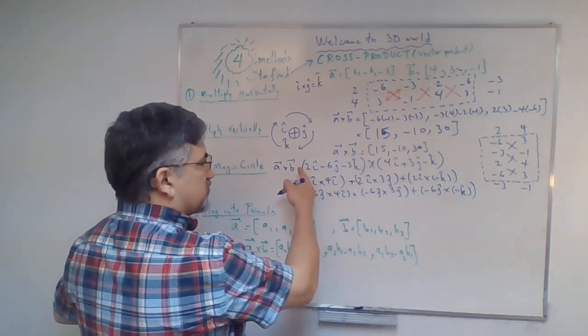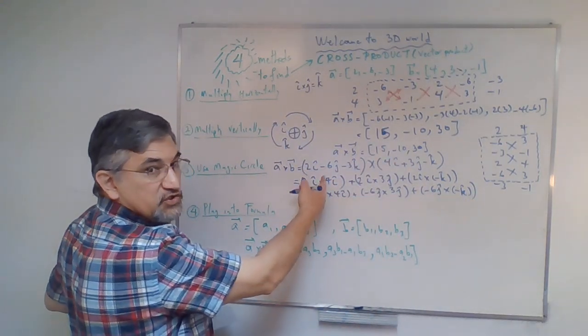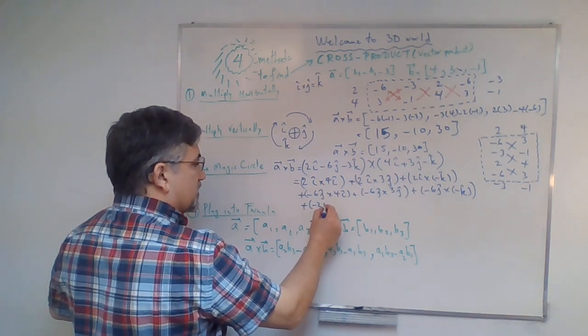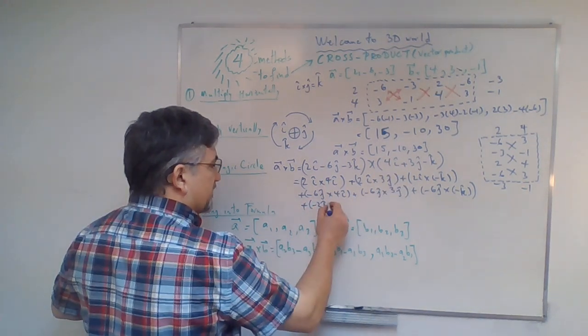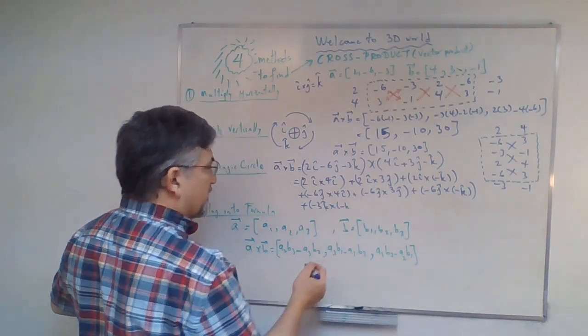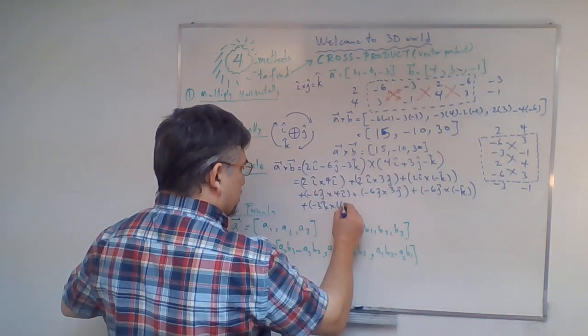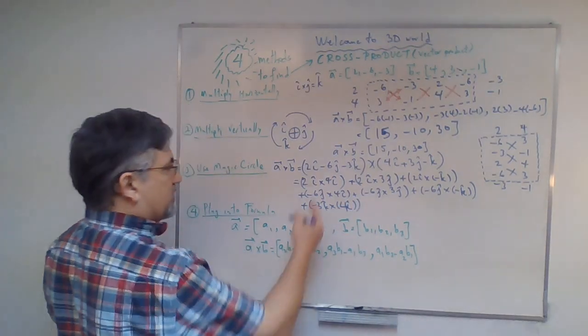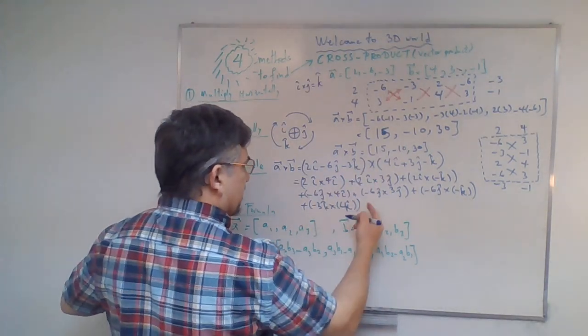Okay, so I multiply 2i hat by everything, negative 6j hat by everything, and now I multiply negative 3k hat by everything. So that will be 4i hat. Okay, negative 3k cross 4i hat.